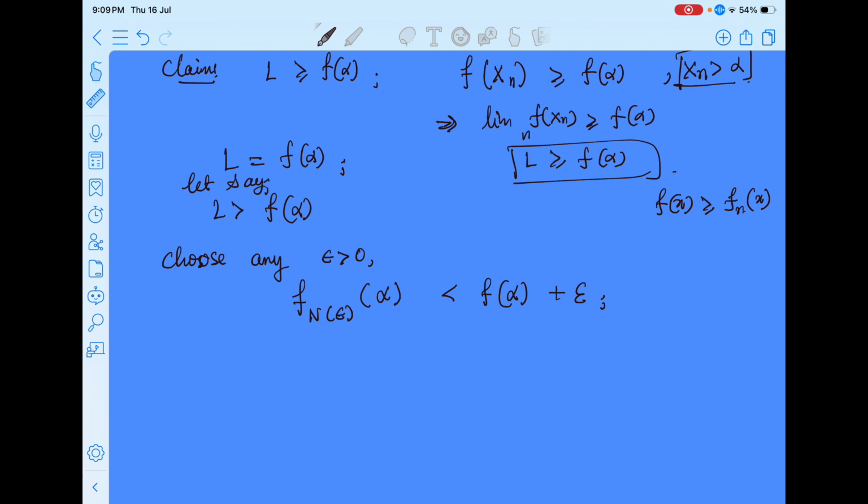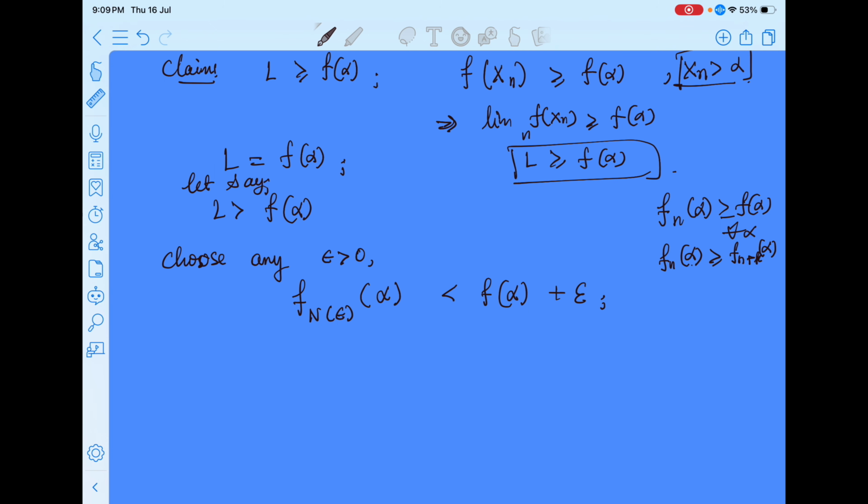Why? Because fn of alpha is greater than or equal to fn plus k of alpha, since fn of x is a decreasing sequence for all x.